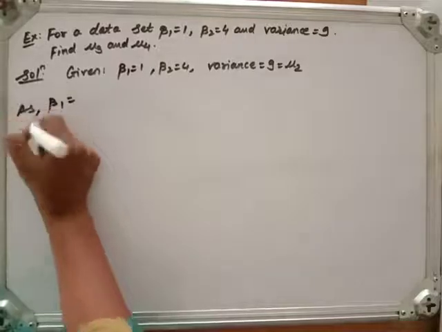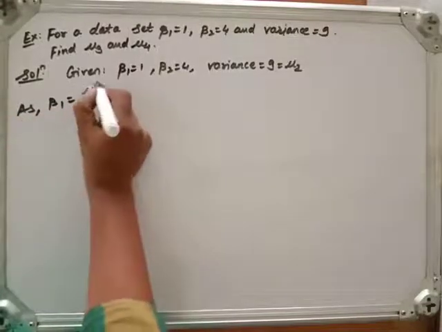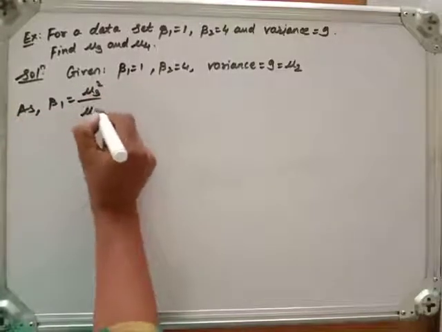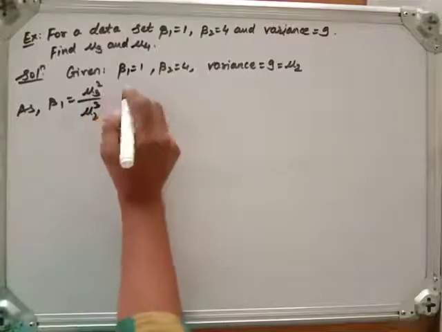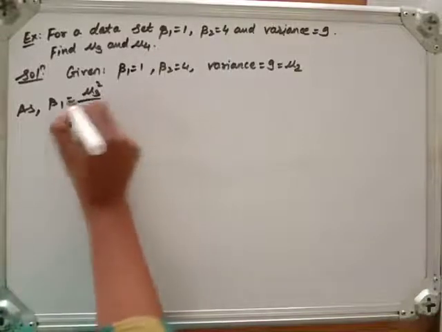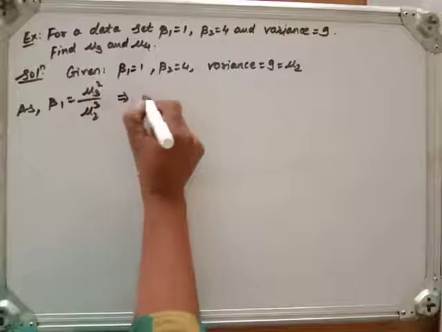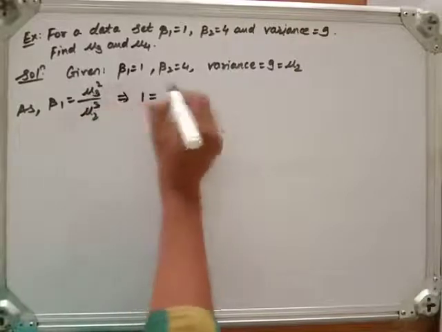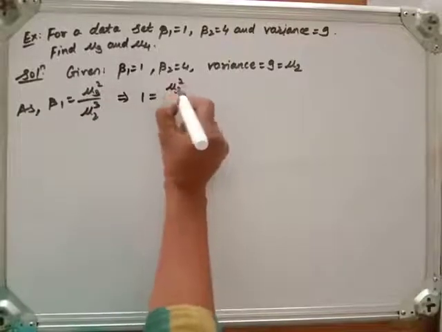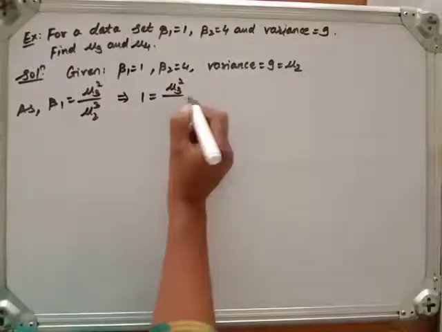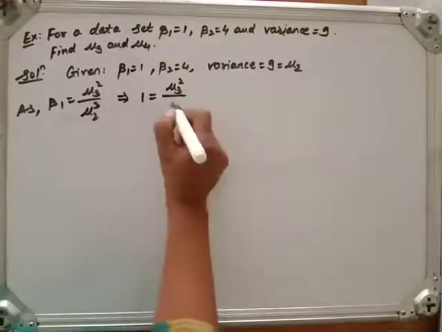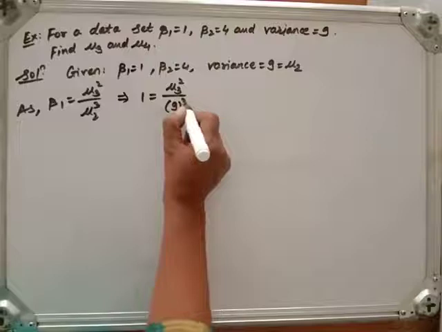As beta 1 is mu 3 square upon mu 2 cube, this gives us 1 is equal to mu 3 square upon mu 2 cube, so 9 cube.